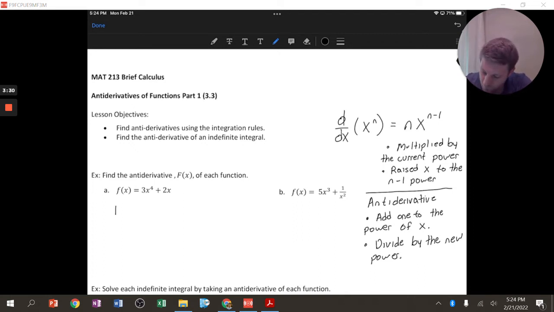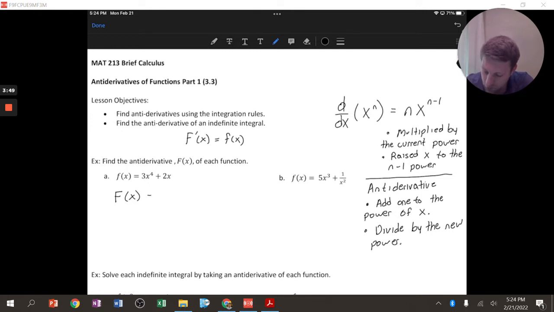So we call this capital F of x. And again, just to recall, the derivative of this capital F of x is little f. So we can actually double check this result when we're done to verify that we do have the true antiderivative. For each of these individual terms, I'm going to consider adding 1 to the power of x, and then we'll divide by that new power.